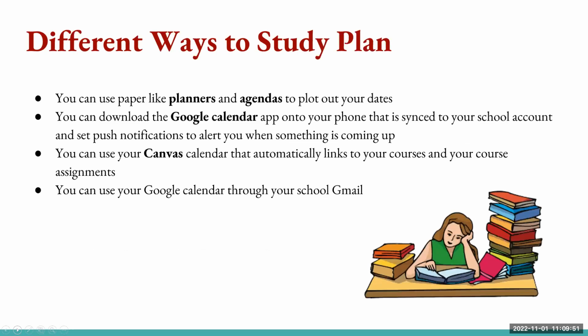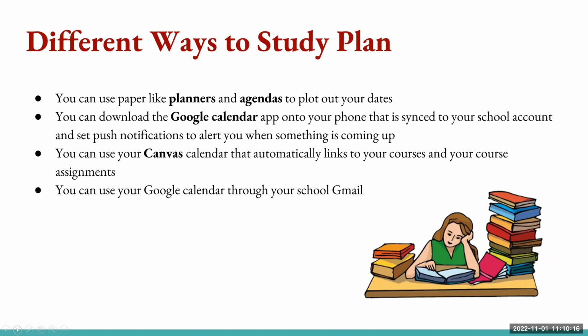So there are different ways to have a study plan. Some people just like to use paper planners and agendas, right? And that is perfectly fine. Some will set it up in their Google Calendar, right? Because that app a lot of the time attaches to your phone, and nowadays a lot of students are very attached to their phone.